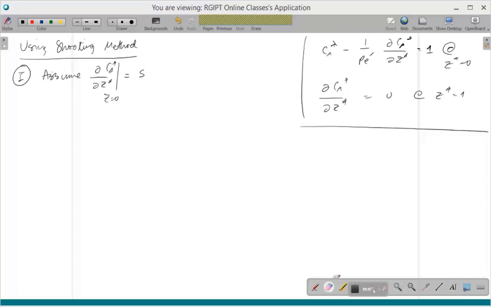I have dCA star by dZ star specified at the other end, the right end. If I want to start from the left end, then I will assume this, and then compute CA. At the same time, CA star at 0 is also not known.